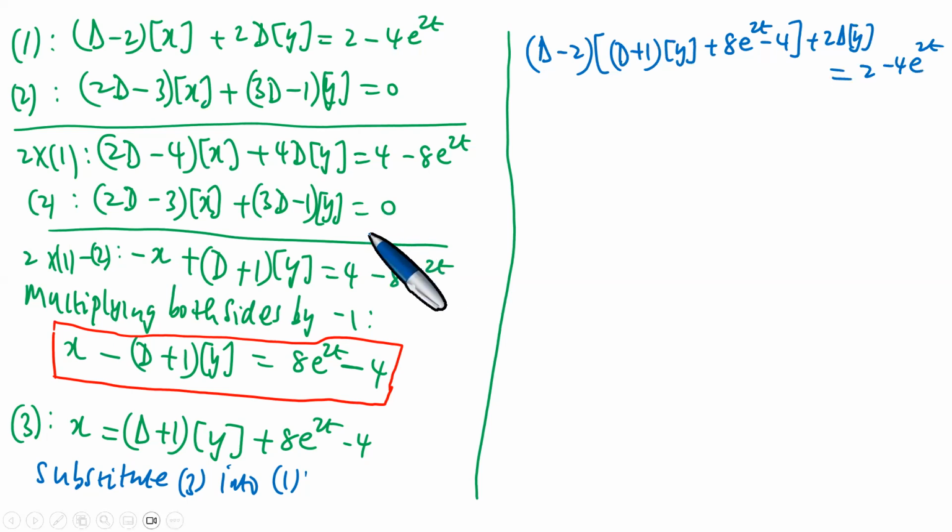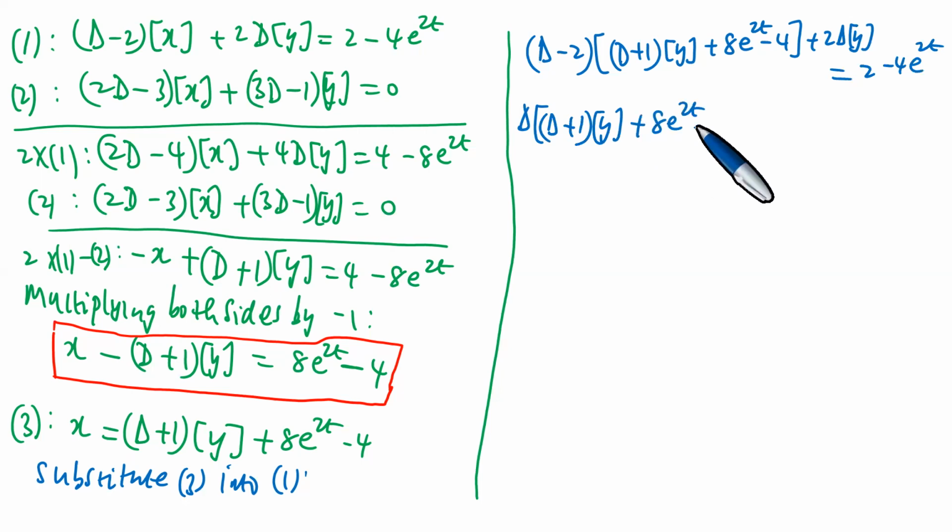Okay, now we have got the triangular system already, but the practice is to add like terms and multiply out, distribute, etc. So let's perform some basic distribution. To distribute here, obviously we use the distributive law. A couple of ways. You can allow d to operate on this and then minus 2 to operate on this. Or we let these operate. Sort of d can be allowed to operate on (d plus 1) y here, and then plus 8e to the twice t minus 4.